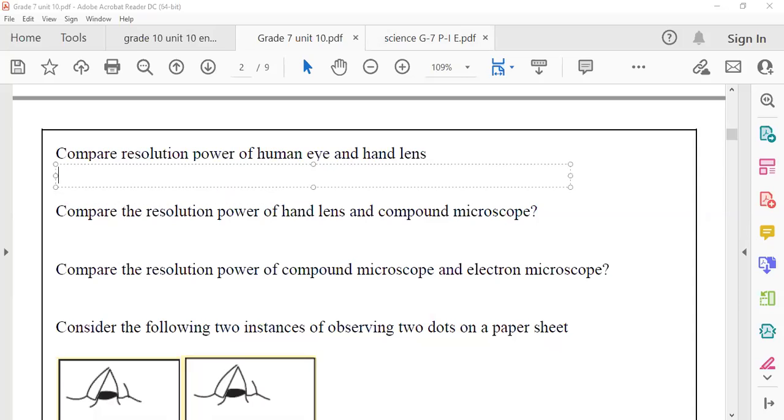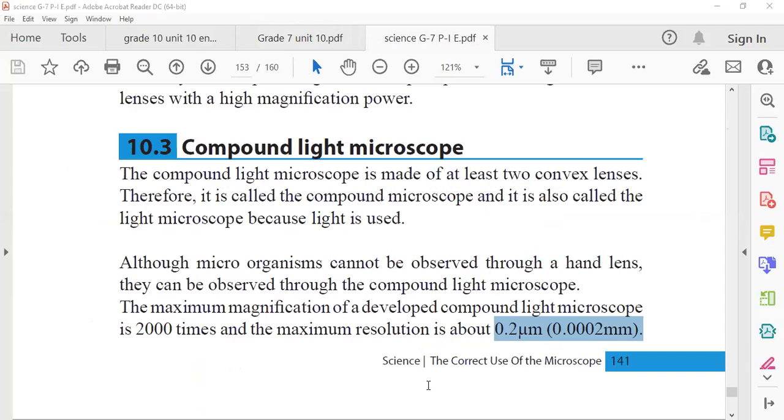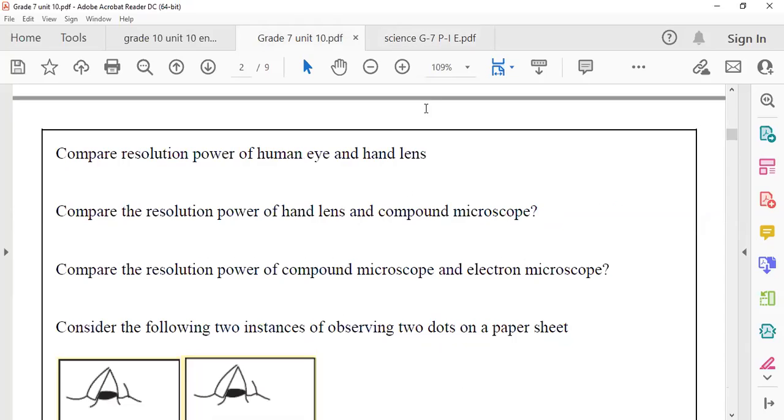So if you take 0.2 micrometer, it is smaller than the human eye's, correct? Yes. We'll think like this. I am answering this question first. In all the ones I have chosen, hand lens also, doesn't matter.